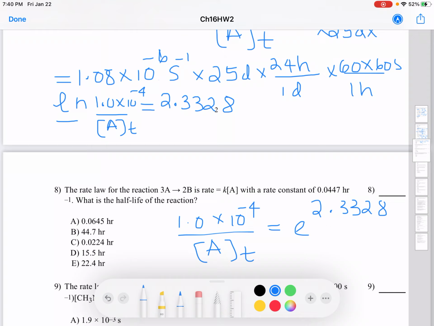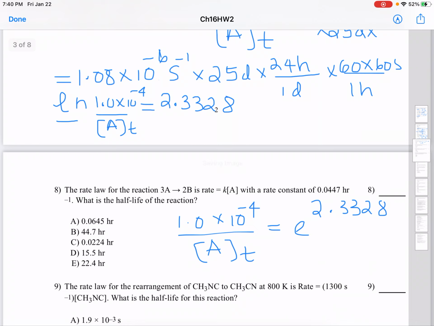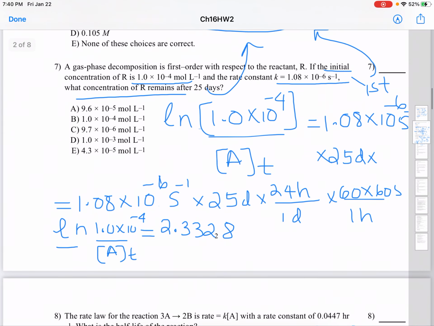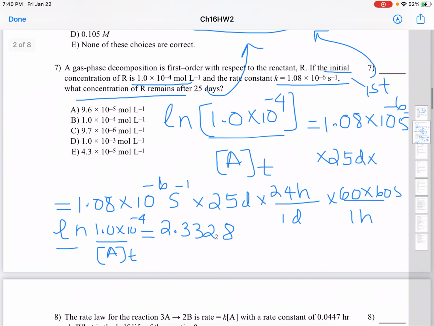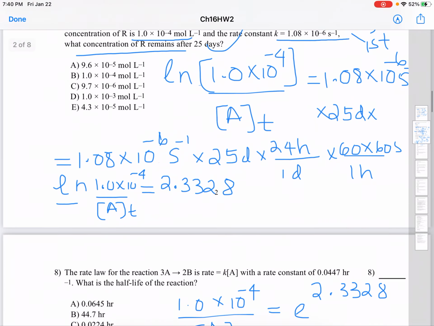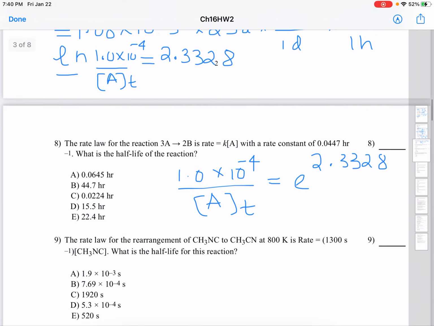You take that number and then you can solve for the concentration of A. That would be the answer for 7. Yes, I have the answer over here. So you do the calculation and find the answer.